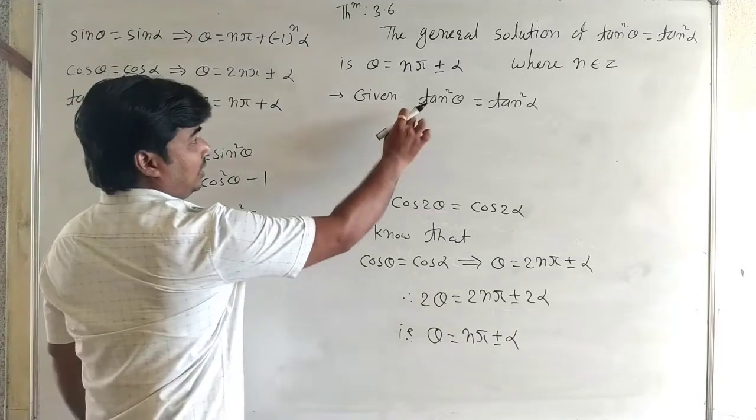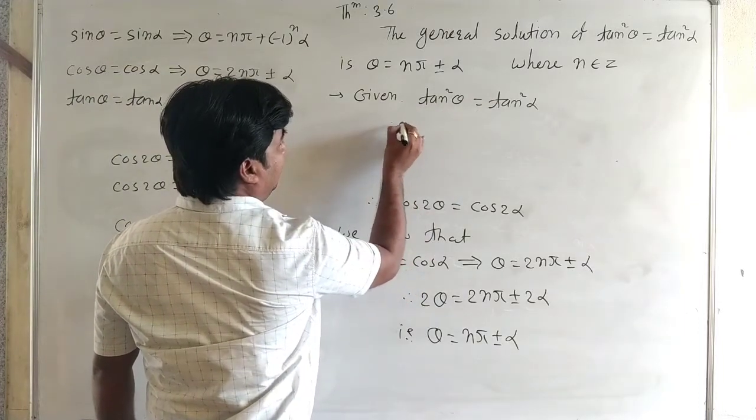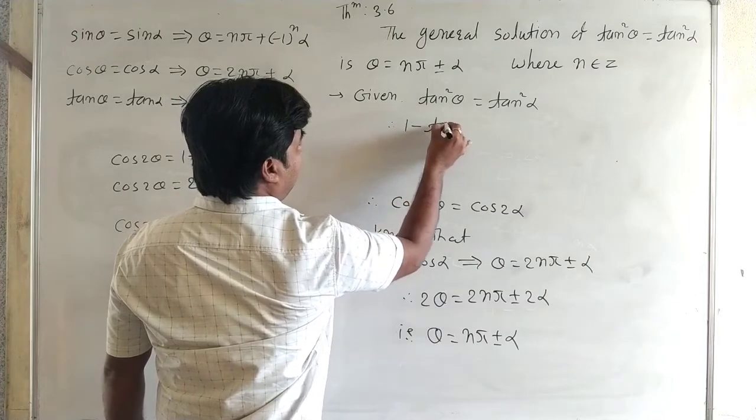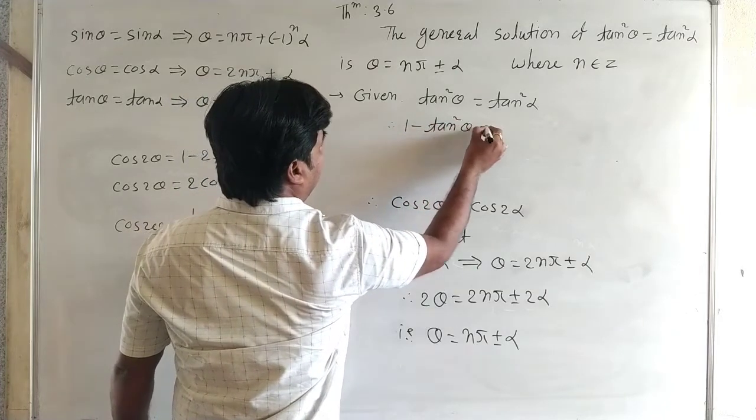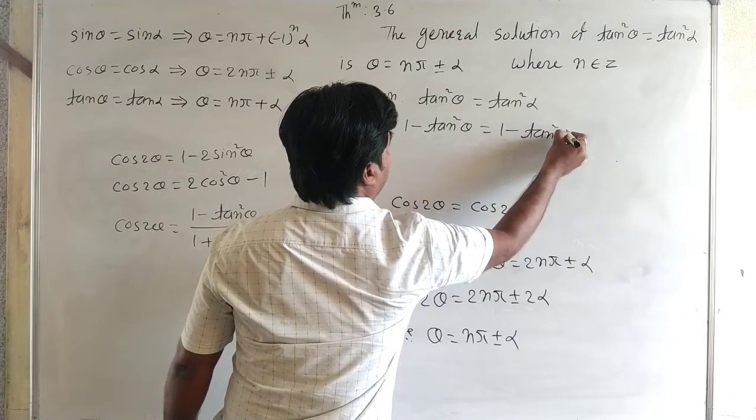Then here tan square theta is equal to tan square alpha. We can write 1 minus tan square theta is equal to 1 minus tan square alpha.